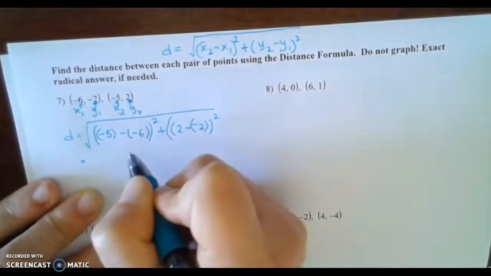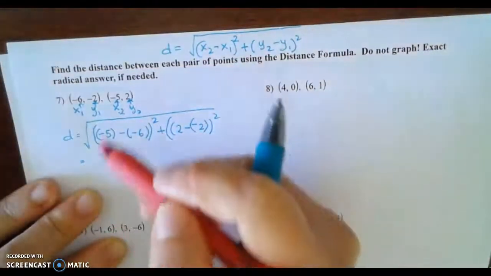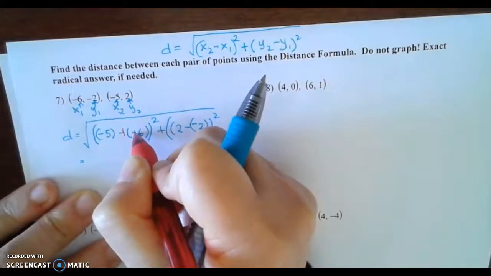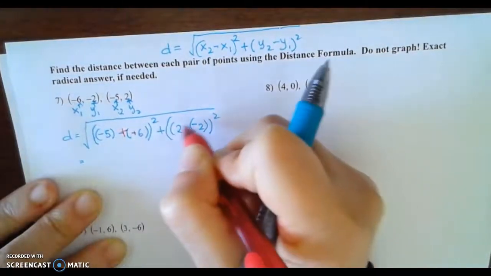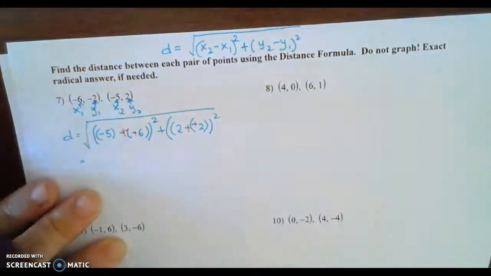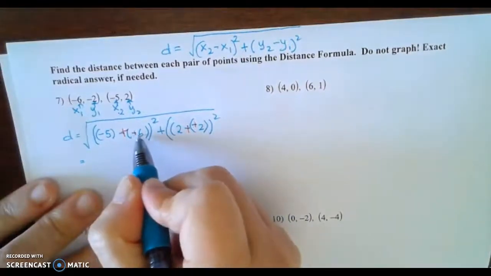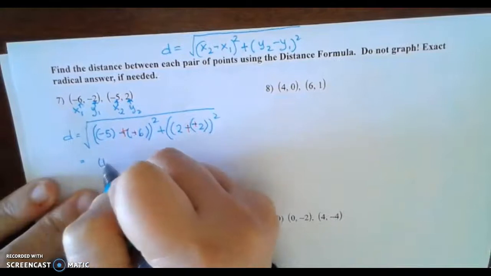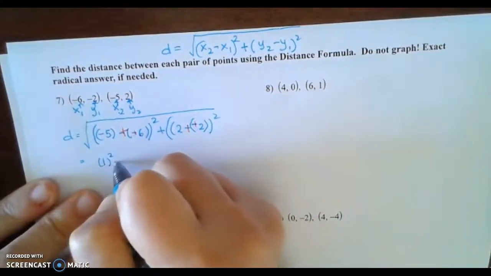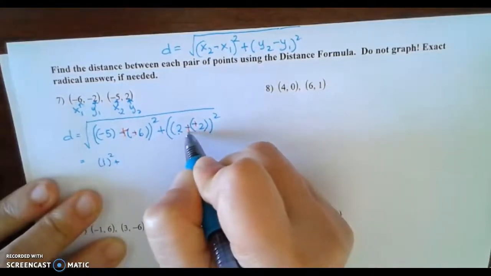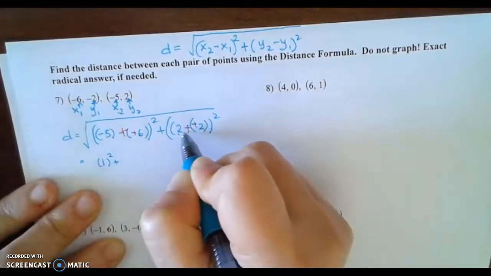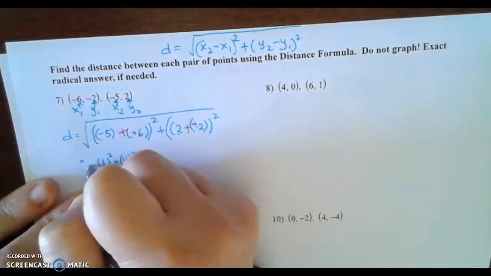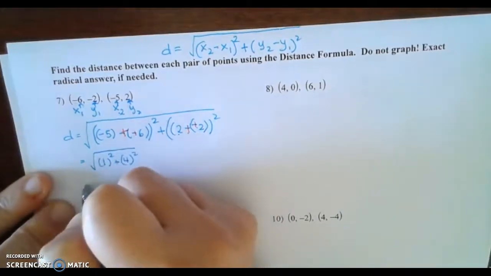Okay, so then let's deal with my minus first, because I much prefer to be dealing with pluses than double negatives. So negative 5 plus 6 is positive 1, and then square it, plus 2 plus 2, so that means 2 plus 2 is 4, all squared, and then take a square root of that.